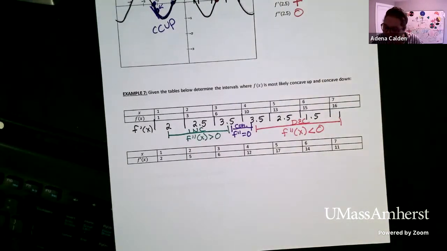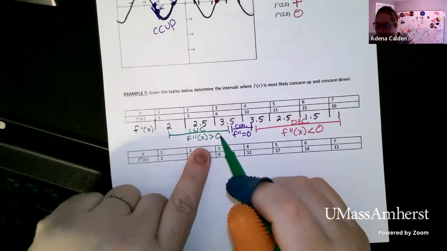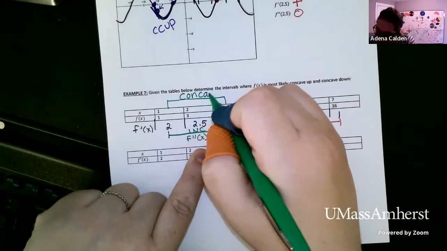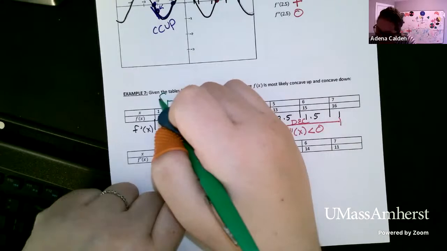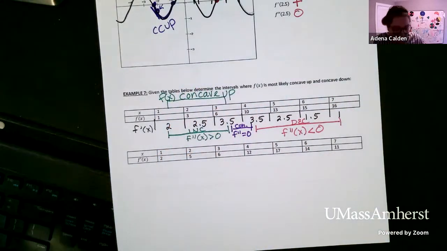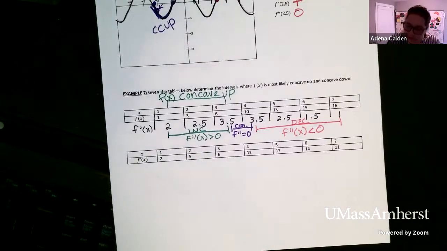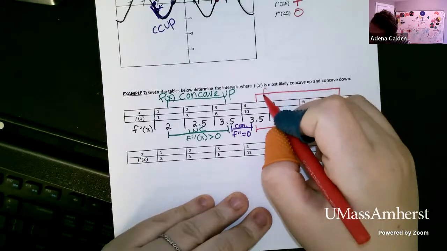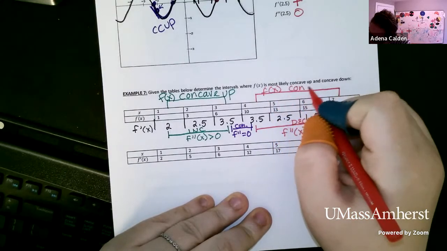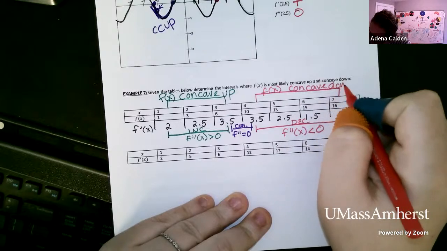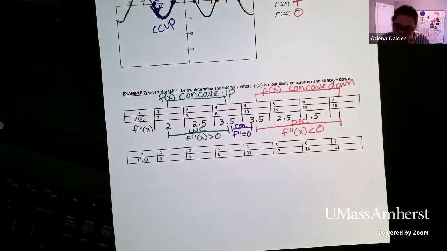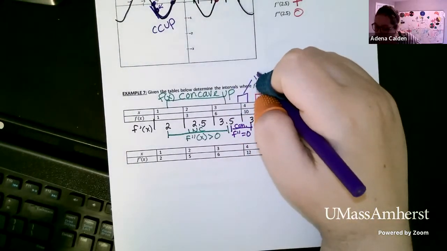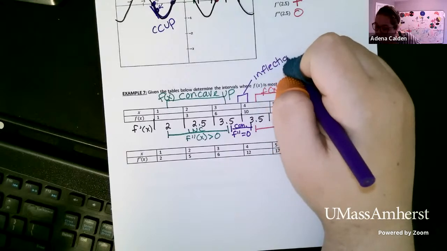The reason why I want that is because when the second derivative is positive, the original function is going to be concave up. Okay. And when the second derivative is negative, the original function will be concave down. And when the second derivative is constant, is where the original function is most likely to have an inflection point.